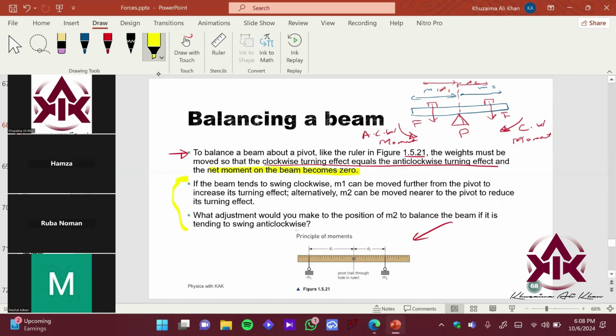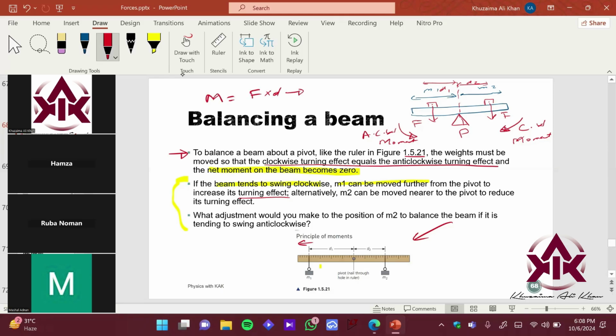If the beam tends to swing clockwise, M1 can be moved further away. Let's say it is moving in this direction, clockwise. You want to adjust the position of M1 to make it further apart, which increases the turning effect, because moment equals force times distance.